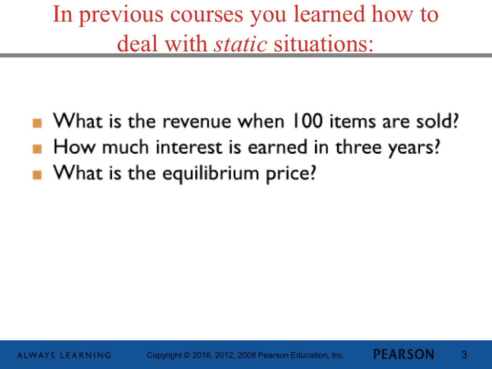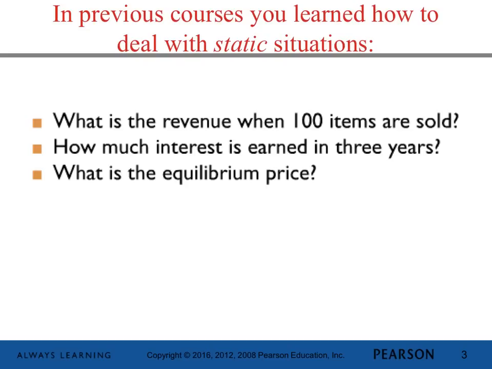So hopefully that sounds familiar to you from Math 1630. What is the equilibrium price? At the very instant that your supply and your demand are equal, they produce the same price and the same number both supplied and demanded, you find an equilibrium price, and that is at one particular point in time.